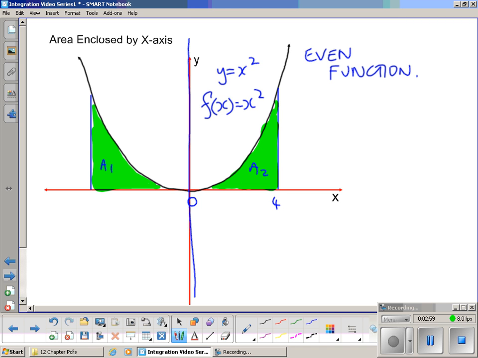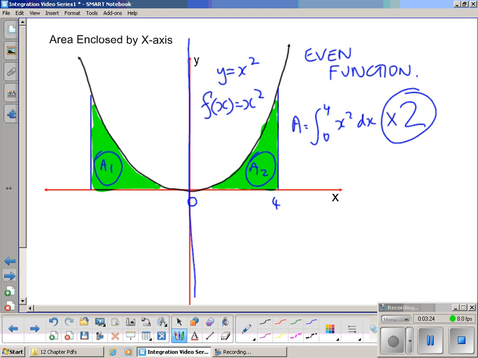So our overall area will be the integral between 4 and 0 of x squared dx multiplied by 2. Why is it multiplied by 2? Because you've got an area here and the same size area there.